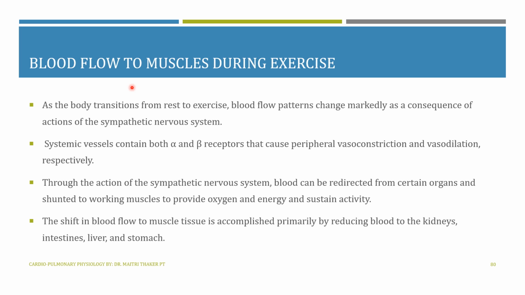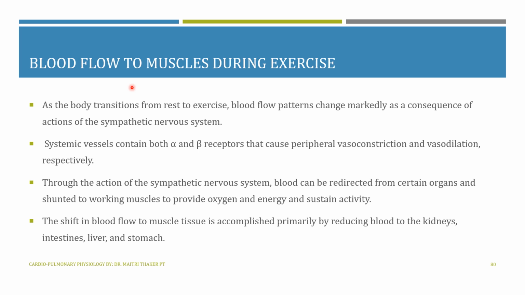Alpha receptors will cause peripheral vasoconstriction and beta receptors will cause vasodilatation. So through the action of the sympathetic nervous system, blood can be redirected from certain organs and shunted toward the working muscle to provide more oxygen.